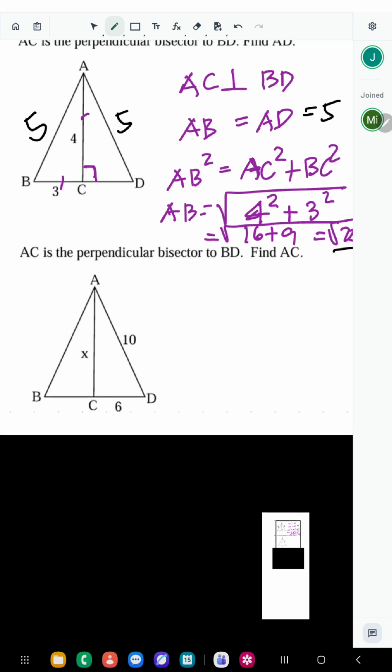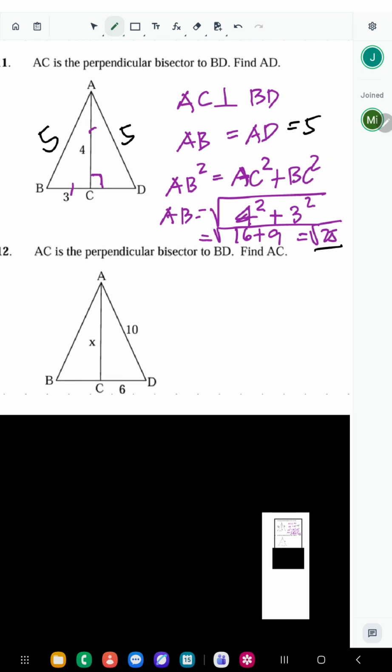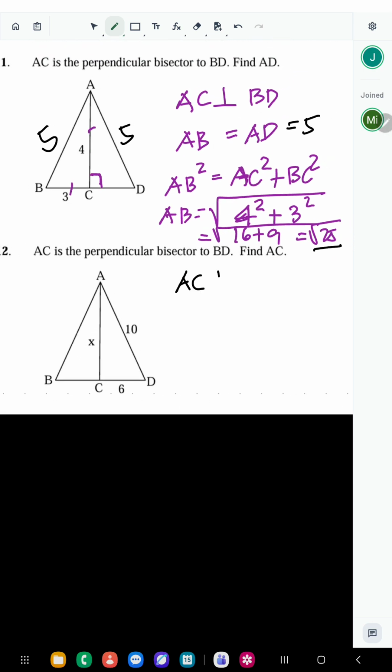Okay, number 12, AC is the perpendicular bisector of BD, and then we find AC, this one, X. So that means AB is equal to AD, so that means this is also 10. So AB squared using Pythagorean theorem equals X squared plus BC squared.